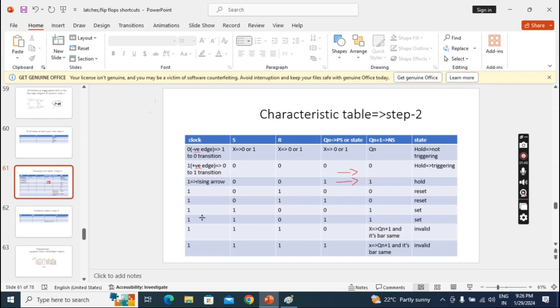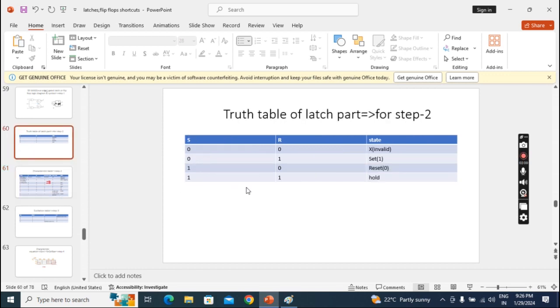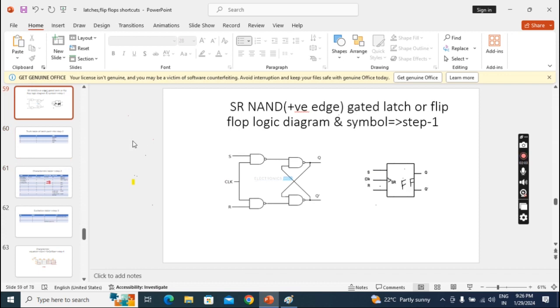These ones we generally represent with a rising arrow and the 0 with a falling arrow. That's the representation for flip-flops. So this representation, and in the symbol this triangle representation, is the difference between gated latches and flip-flops.